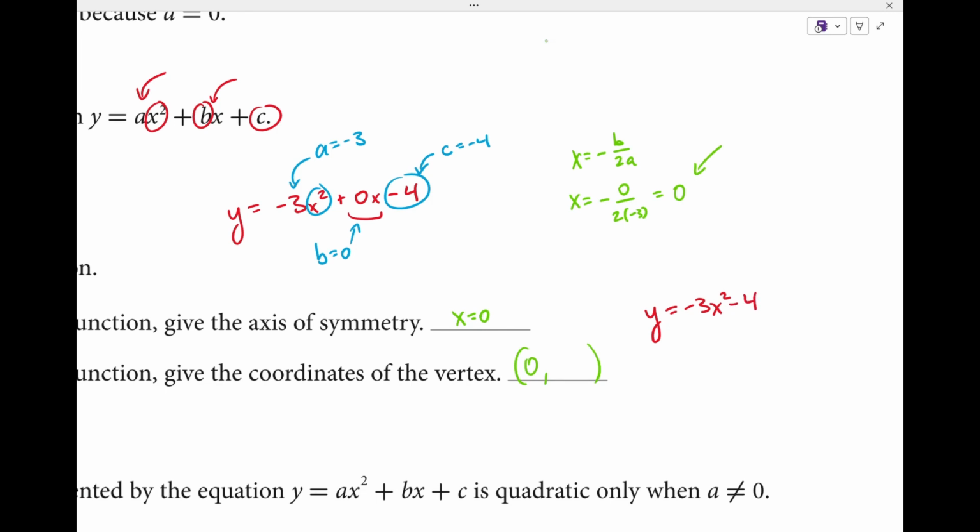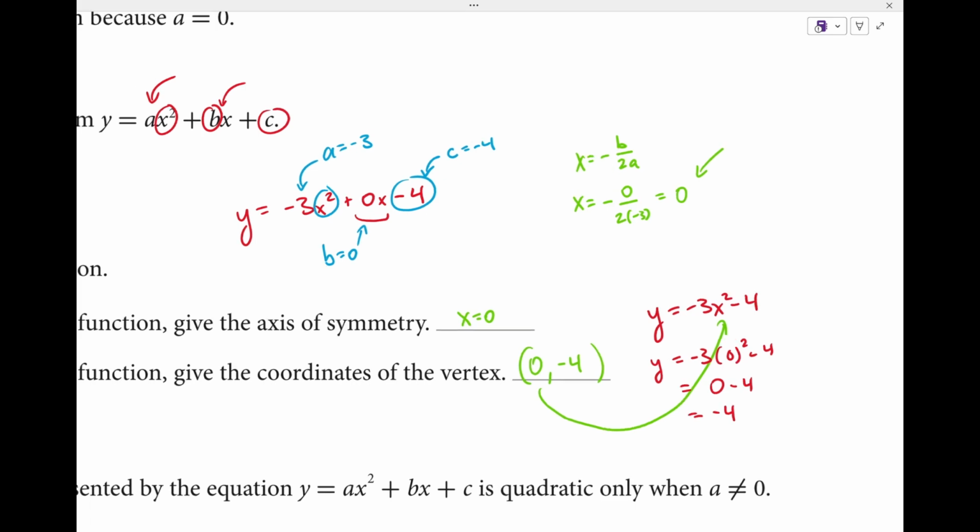I'm going to plug in this x value for x to figure out the y value of that vertex. So negative 3 times 0 squared is 0, equals 0 minus 4, so just negative 4. So (0, negative 4) should be my vertex.